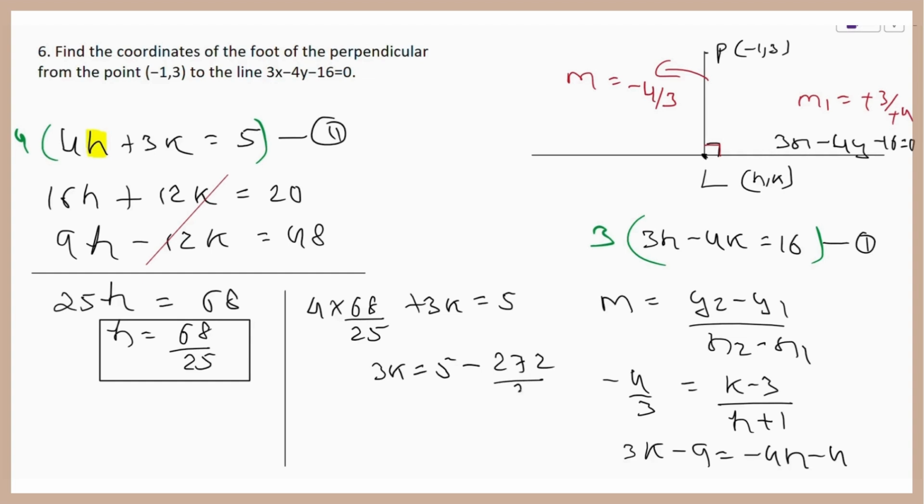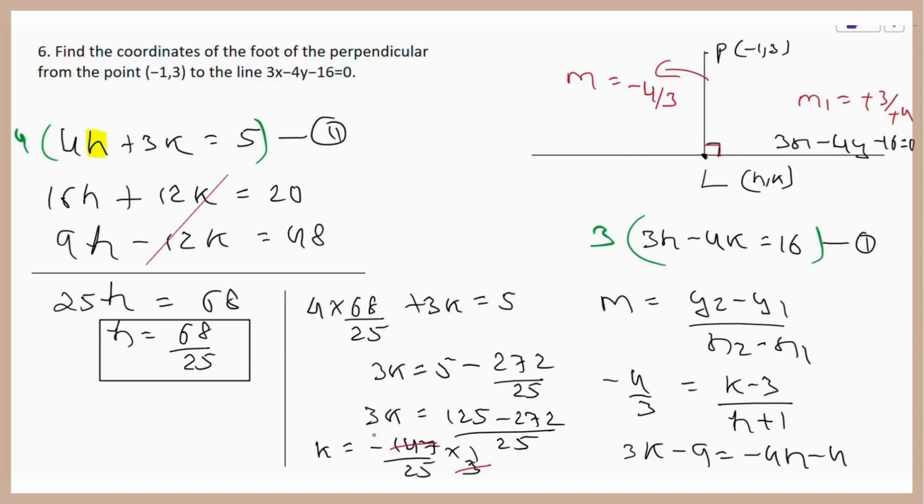272 over 25. So taking the LCM, it will be 125 minus 272 over 25. Now subtracting 272 from 125, what do we get? This is negative 147. So 3k comes out to be negative 147 over 25, and this 3 on the other side will be divided. It's divisible, right?